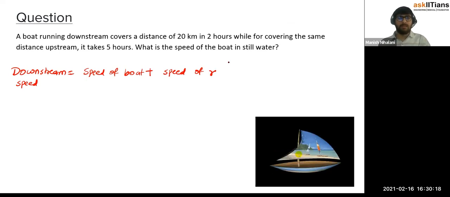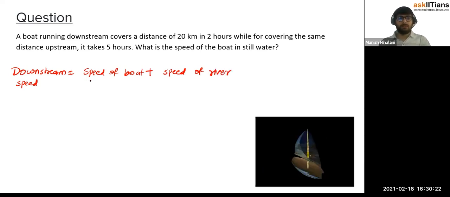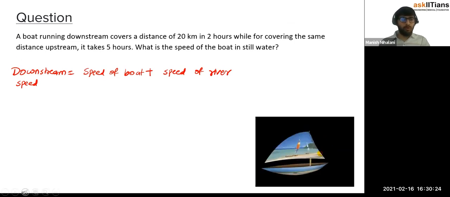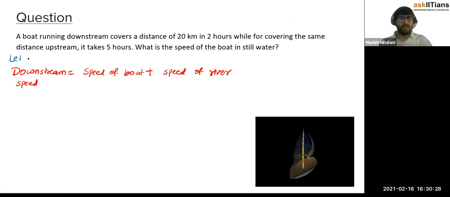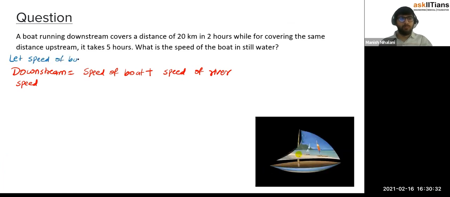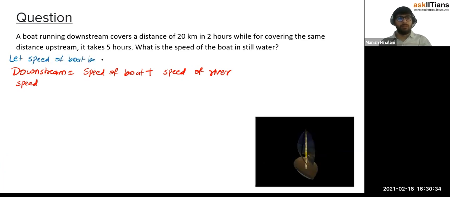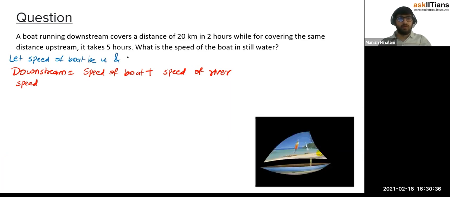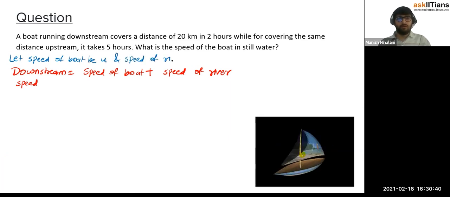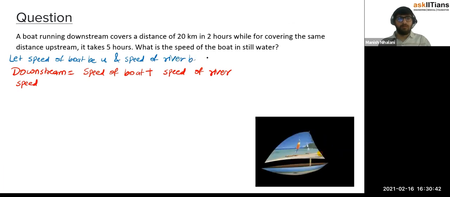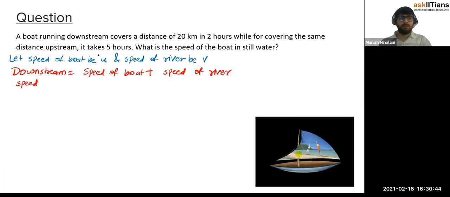Whereas for upstream speed, let the speed of boat be u and the speed of river be v, right?